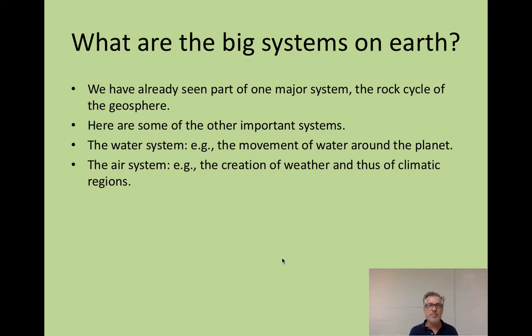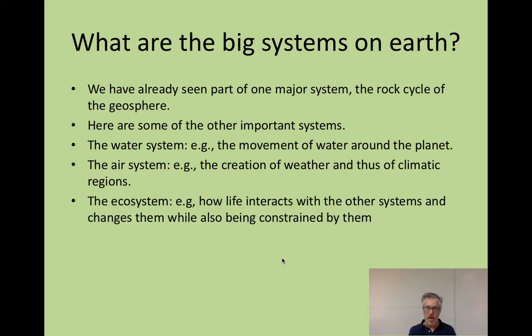So the air system brings us weather and climate, and we also have the ecosystem, right? How life interacts with the other systems and changes them while also being constrained by them and being changed by the other systems.